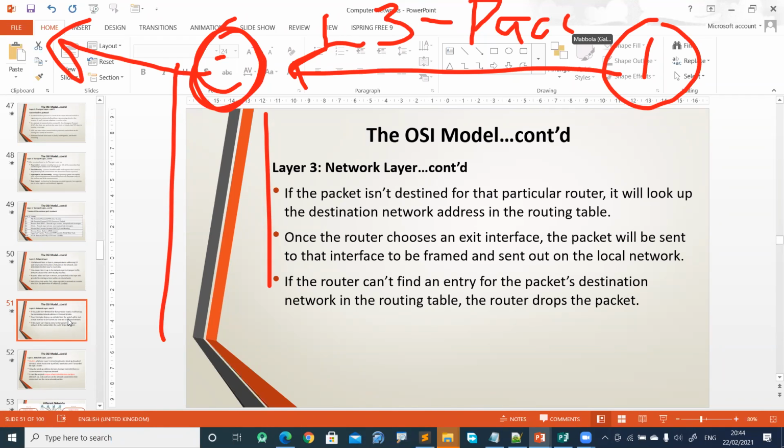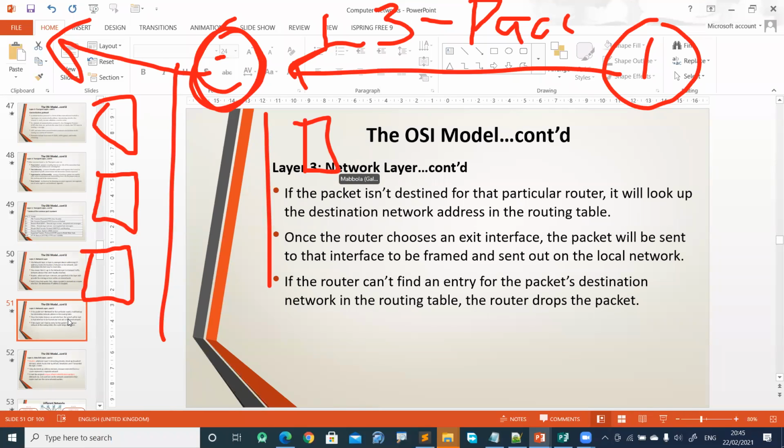But if a packet is to be delivered to a house, of course, it has to also involve layer 2.